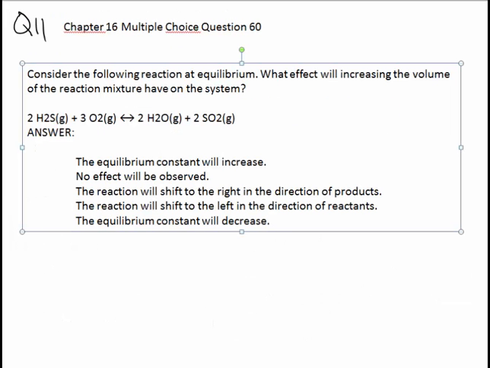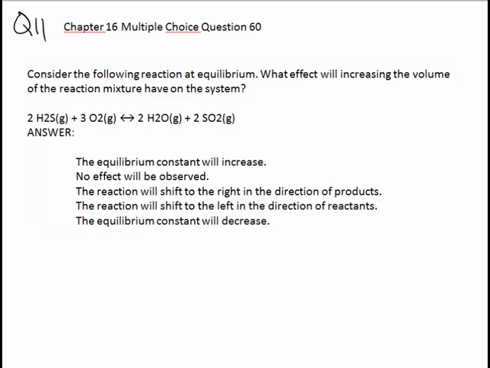Okay, so here is question 11. So we have the following reaction at equilibrium. So we're going to have, in this case, two gas moles of H2S, 3 gas moles, total of 5 moles of reactant, and then we have 2 here and 2 there, both gases, so that's 4 moles. And what we're going to do in this case is increase the volume.